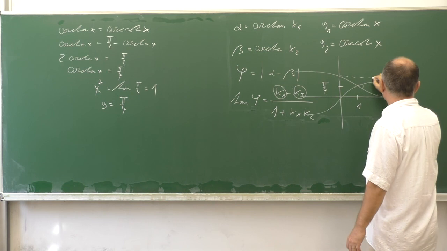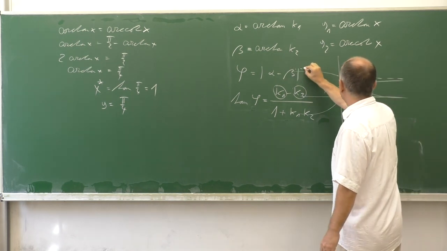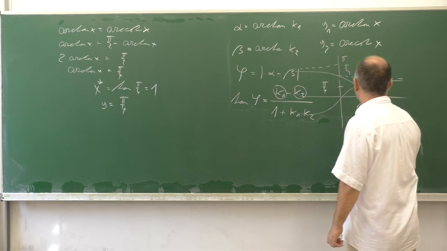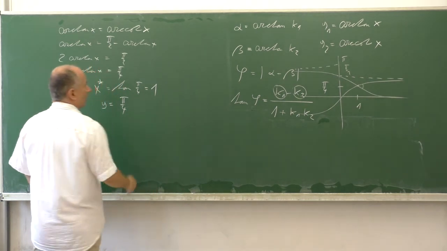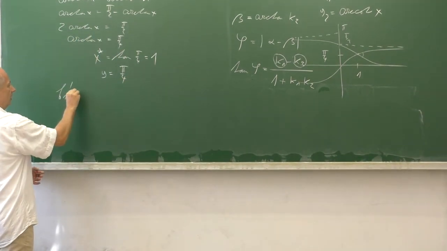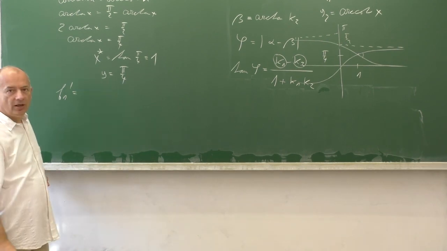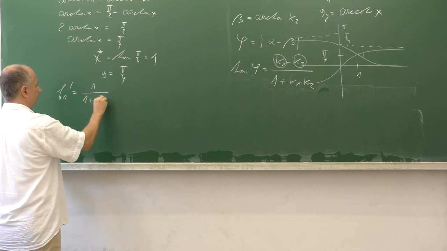Here the asymptote is at pi half, and this asymptote is at pi. So we want the two derivatives. f1 derivative, the derivative of arctangent, is the fraction 1 over 1 plus x squared.